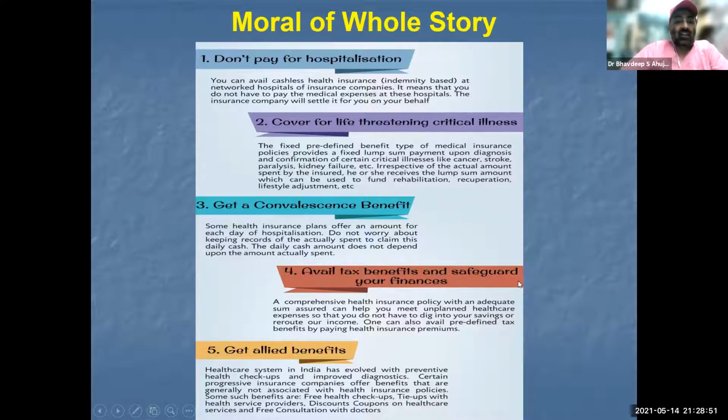Of course, Section 80D comes to your fore, and get allied benefits, free discounts, free health checkups, tie-ups with service providers. And if you have a tie-up, when you have a policy from a company, the company keeps on organizing such things as a part of its CSR also, and as a part of its promotion also, so that more and more people are excited to pick up their policies. They don't just rely on word of mouth.